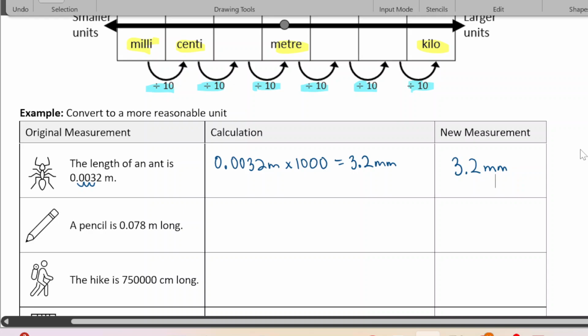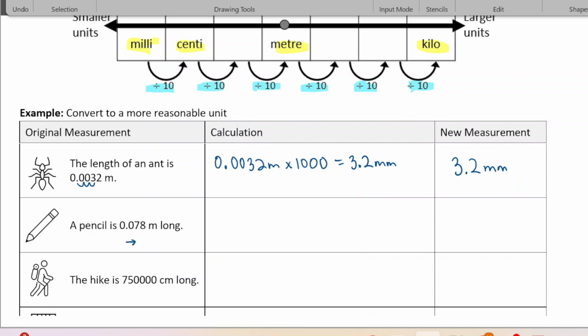A pencil. Pencils, probably we would measure those in centimeters. So we're going to go to centimeters here. And so that means we are going to multiply by 100. Remember, there's 100 centimeters in a meter. So 0.078 meters times 100. And you'd get, so what that does essentially, when you multiply, all it's doing is moving the decimal over however many spots when you multiply by powers of 10.